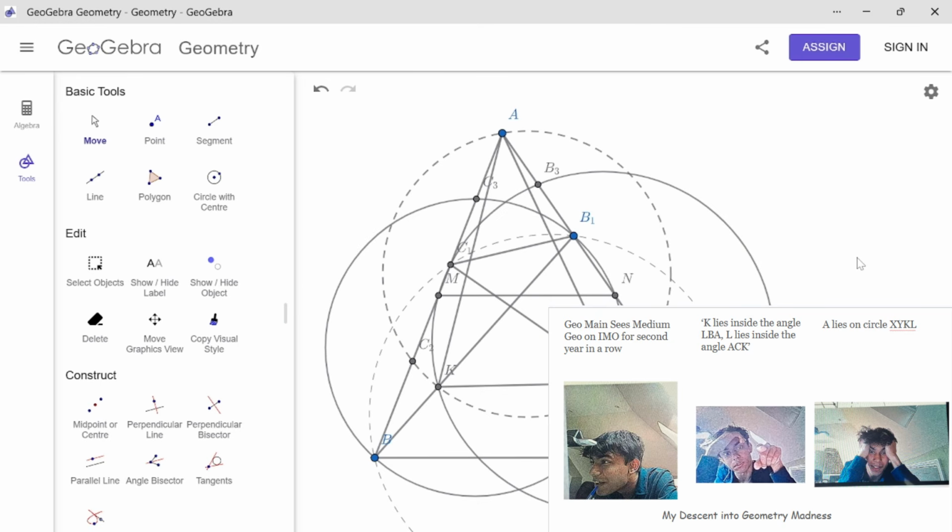But we need to show BB1 is the radical axis of circle AKL and B3 C1 M C.